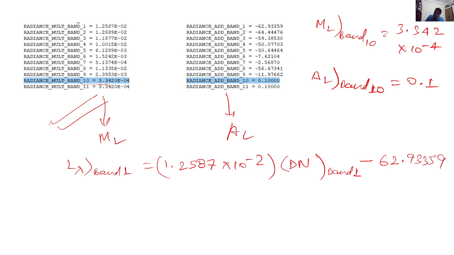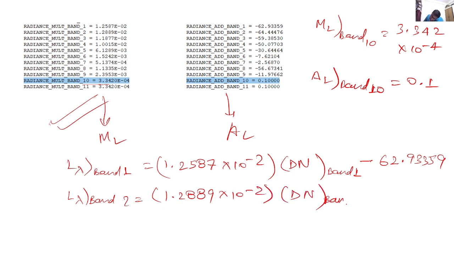So this is the one for band 1. What would be the top of the atmosphere spectral radiance for band 2? 1.2889 times 10 to the power minus 2, times the DN given in band 2, minus 64.44476, and so on and so forth.